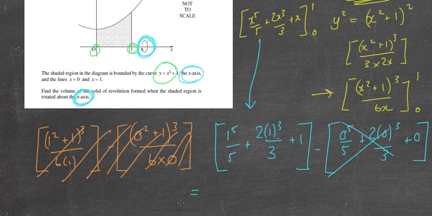So I'm actually going to be left with just this one calculation on the left-hand side. So it's going to be 1/5 plus 2/3 plus 1, which I'm left with. Now remember, we've got the pi at the front as well. 28 pi over 15 units cubed.